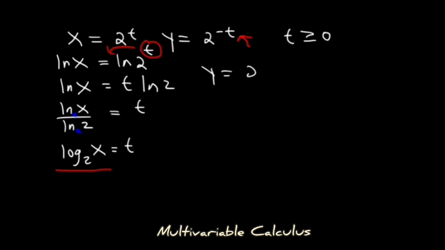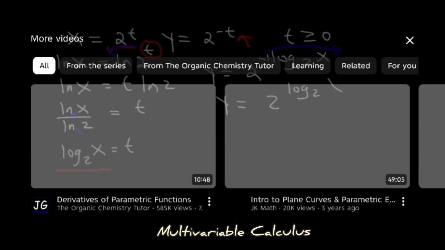So y is equal to 2 raised to the negative log base 2 of x. And this is like a negative 1, which we can move back to the exponent position, the same way we brought this t in front. So therefore, y is equal to 2 to the log base 2 of x, all raised to the minus 1. Now what is this equal to?